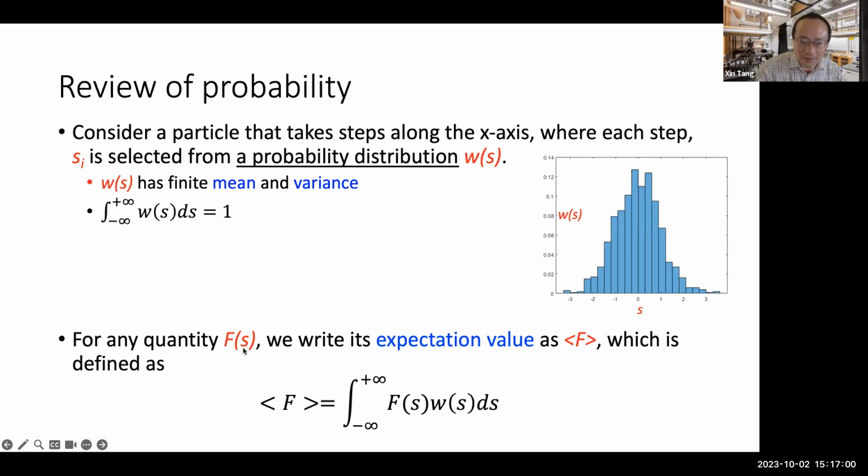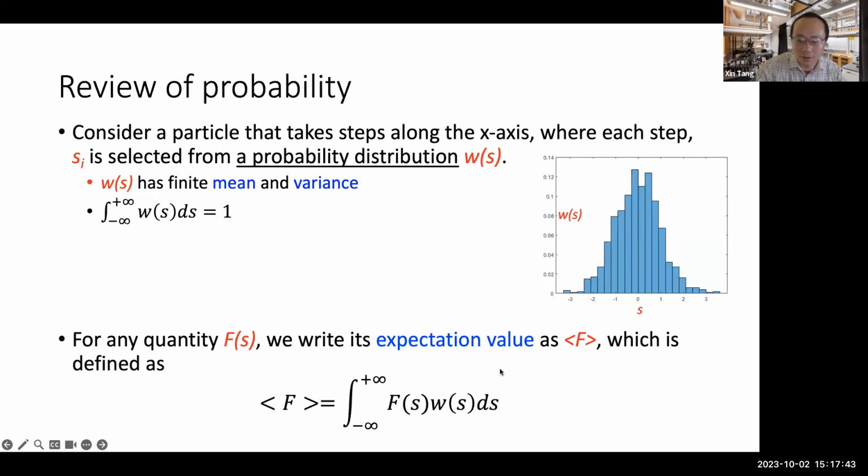After many steps, that value can be written as f in the bracket. This value is called the expectation value of f. So this is an expected value because this f is dependent on s, and s has a distribution. So based on that s distribution, what is this f value generally?